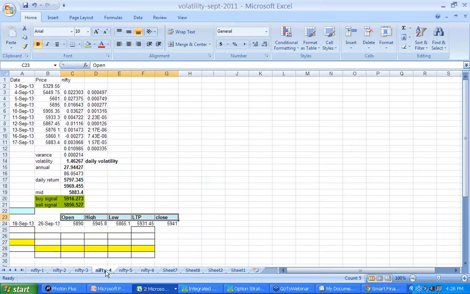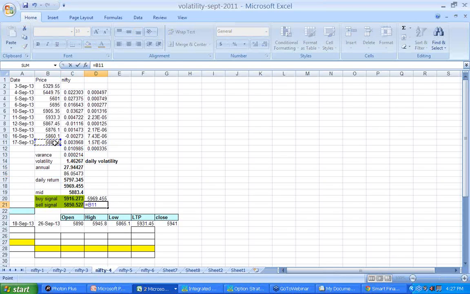On 18th September, you achieved all upside targets. Now go back to 18th September and take the values from 3rd September to 17th. The buy signal was placed here and the sell signal here, and this one is the optimum target level on the upper side.